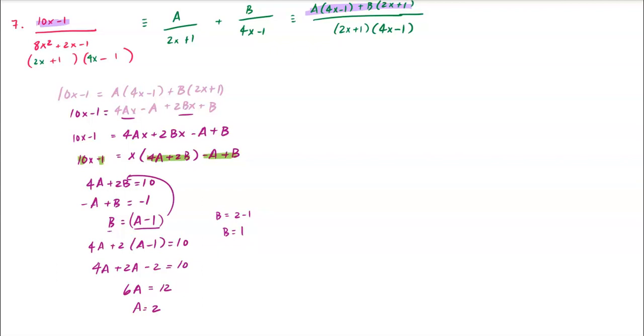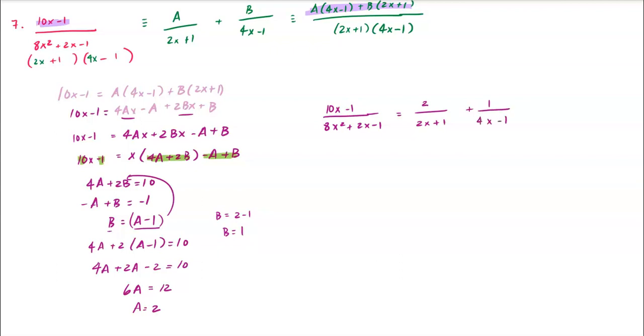So therefore we have 10x minus 1 over 8x squared plus 2x minus 1 equals 2 over 2x plus 1 plus 1 over 4x minus 1.